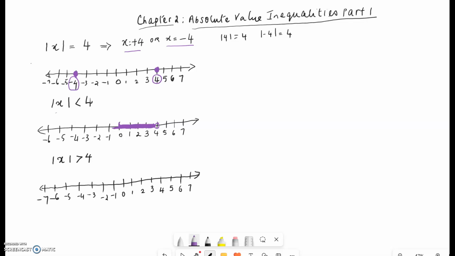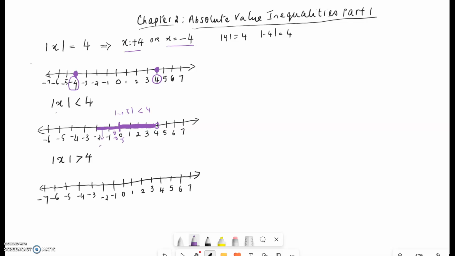Also, if I look at, for example, negative 1.5, or any number to the left of 0 in this range, let's say this is a negative 0.5. The absolute value of negative 0.5 is less than 4, so that works. What about negative 1.5 and anything in that range?